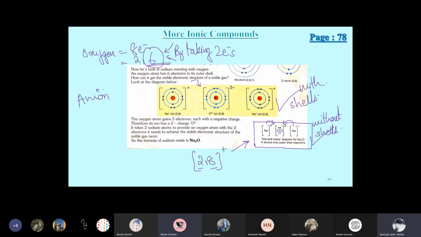Yes, anion. The ion with the negative charge is anion, and the ion with the positive charge is known as cation. Don't forget. So the formula of sodium oxide is Na2O.